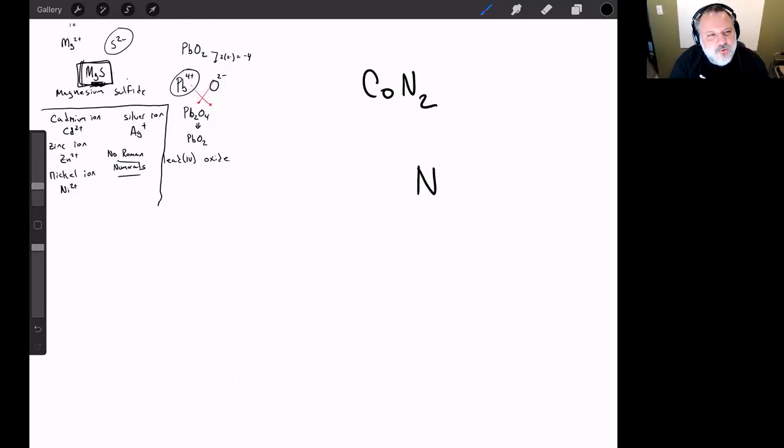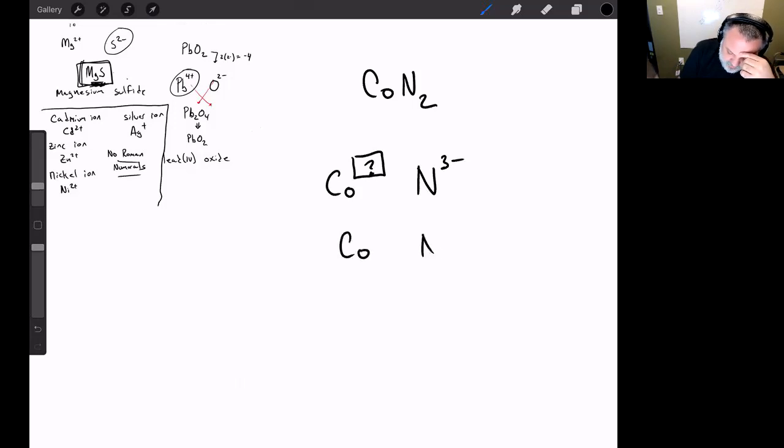It's in group 15, and so we know that in group 15, it's 3-. What we need to do is figure out what the charge on this cobalt is. We don't know that. So this is the question here. So what is it? Well, we have to do a little bit of work. We have to think about it.